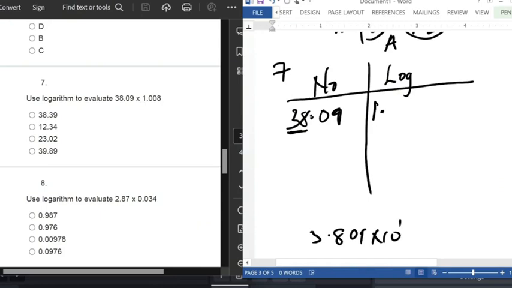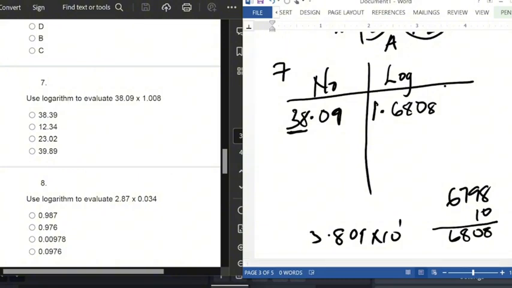So the next stage is now to find the log. You check log 38 under 0, difference of 9. So 38 under 0 gives us 5798. Difference 9 gives us 10. So we add it to the last two digits. That will become 5808. And if you make use of your calculator as well, I want to confirm that with my calculator here.